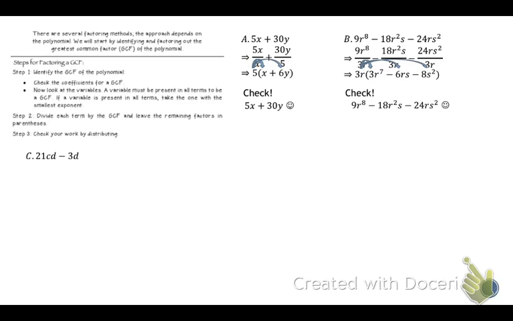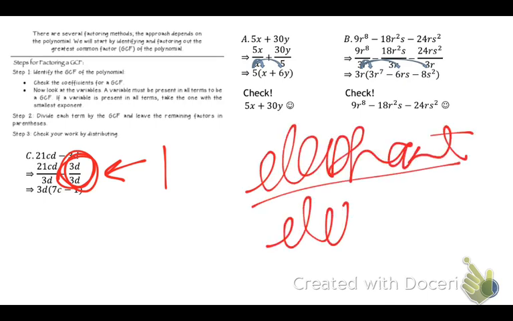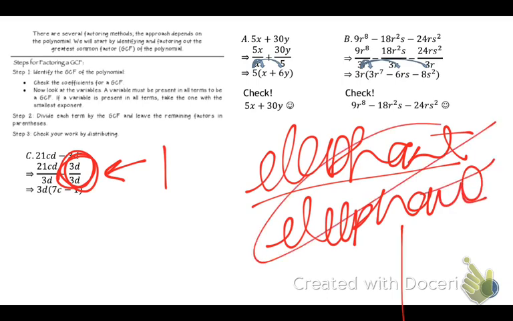Let's do another one. So this one we can divide by 3d, and you end up with 3d times (7c minus 1). Whenever you divide something by itself, you always end up with 1. You could divide an elephant by an elephant, and those cancel, and you're left with 1.